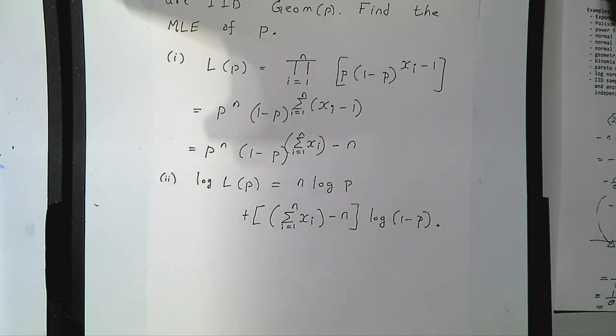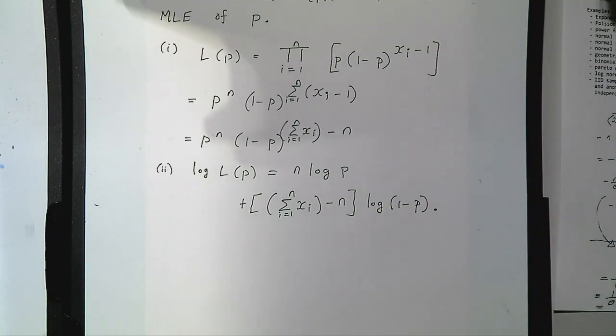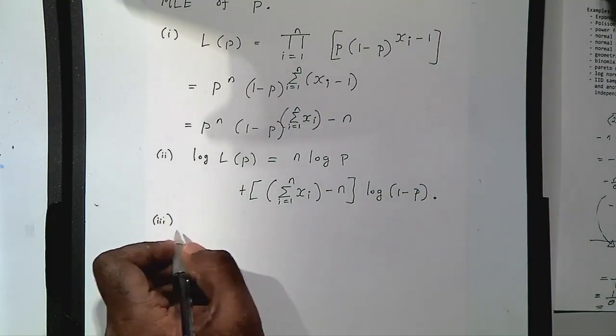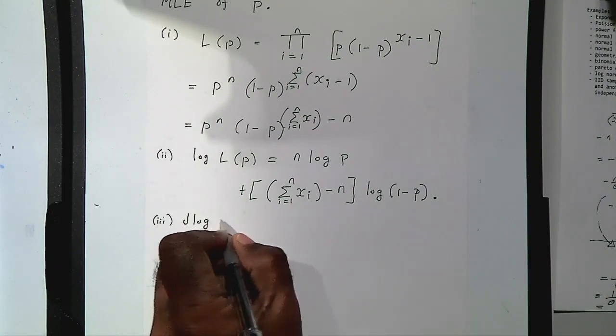Part 3 is to take the derivative with respect to p.